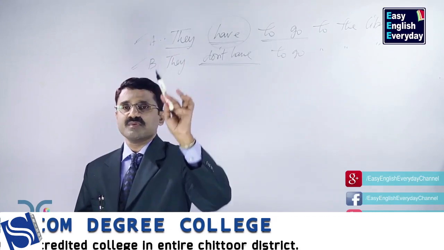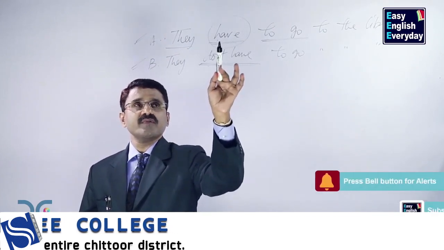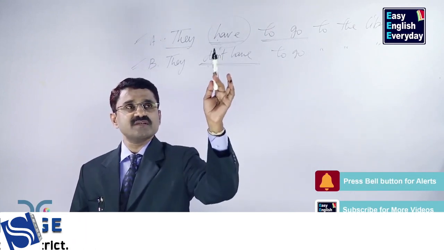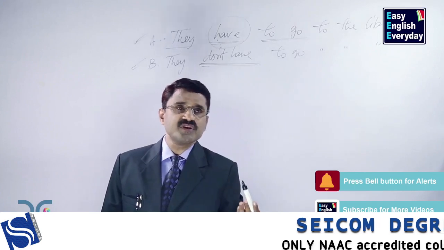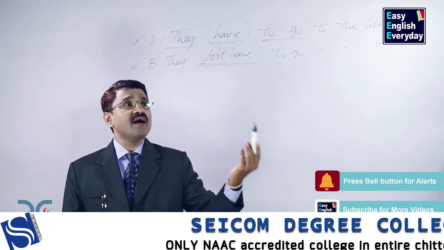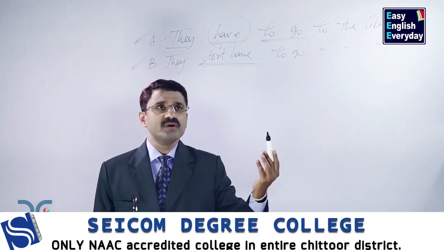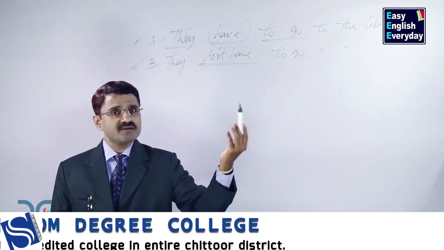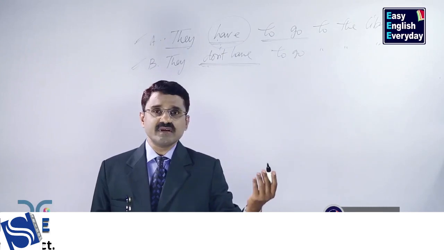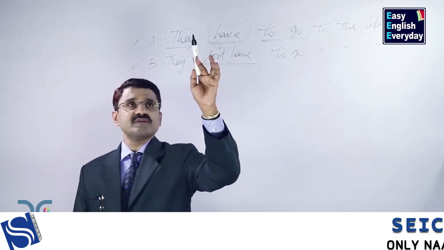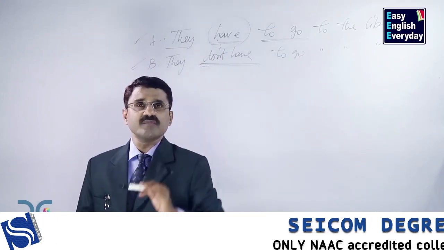Compulsory, not compulsory. But both of them, you can use it for present tense or you can also use it for future tense if you keep some future time adverbial like they have to go to the library tomorrow. They don't have to go to the library tomorrow. You have to come in the next week. You don't have to come in the next week. So you can use it in affirmative form and negative form like this.